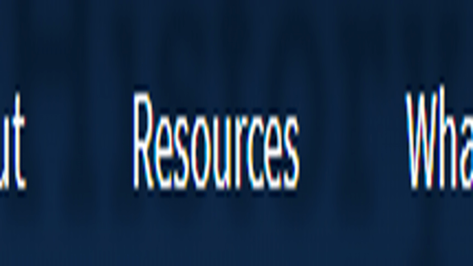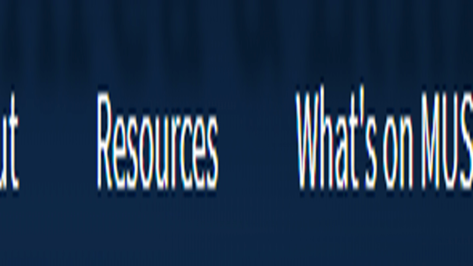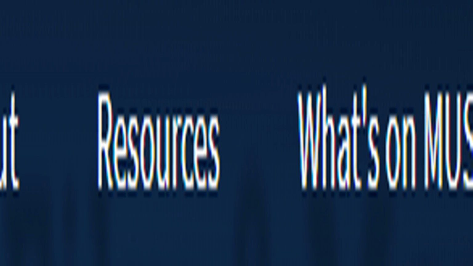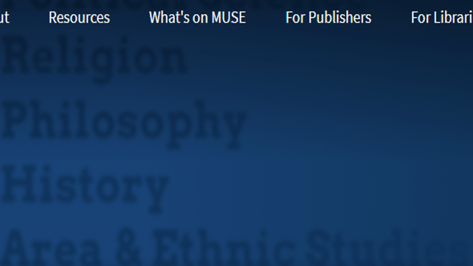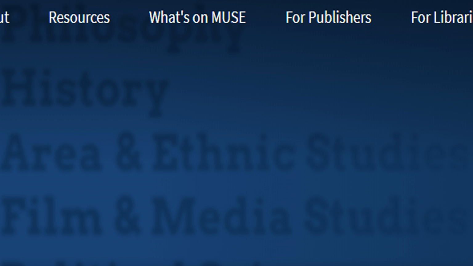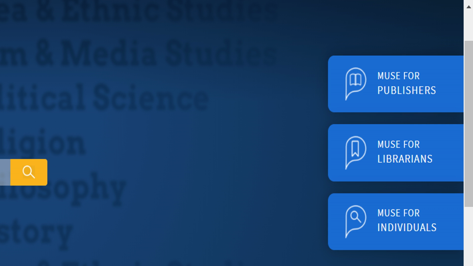Librarians and individuals can order an account on this side, if they want to continue using Project Muse once they leave the university. Librarians can also access things like MARC records up here. At any time, if you want to go back to the home screen, you just come over to Project Muse, click on the M in the yellow speech bubble, and it will take you back over here.